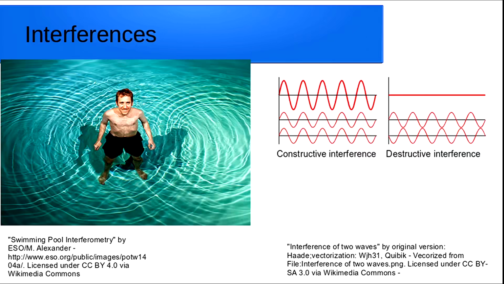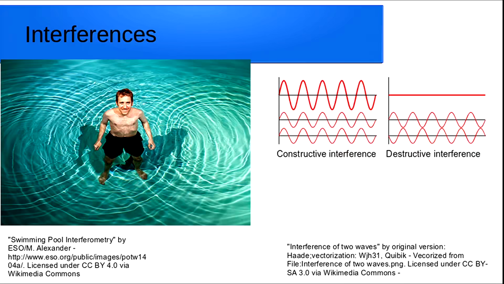Here, if we have two waves and they are in phase, which means they start at the same time and location, they cause constructive interference. And if those two waves are 90 degrees out of phase, which can be seen here, you get destructive interference.